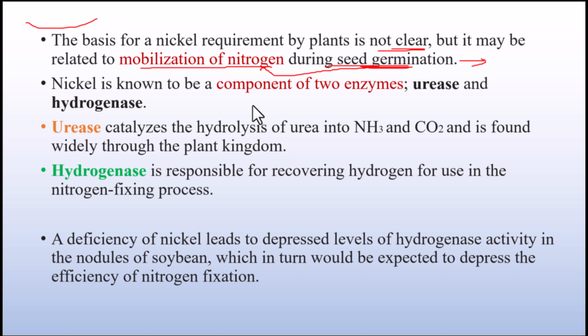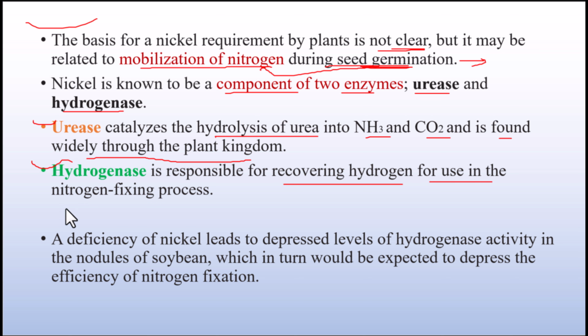Nickel is known as a component of two enzymes. One is urease and the other is hydrogenase. Urease catalyzes the hydrolysis of urea into ammonia and CO2 and is found widely through the plant kingdom. Hydrogenase is responsible for recovering hydrogen for use in the nitrogen fixation process.